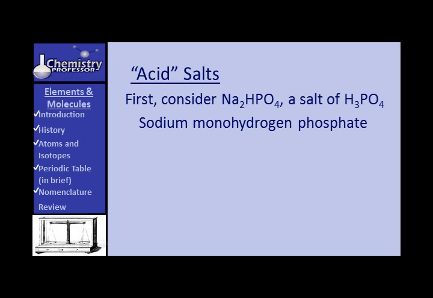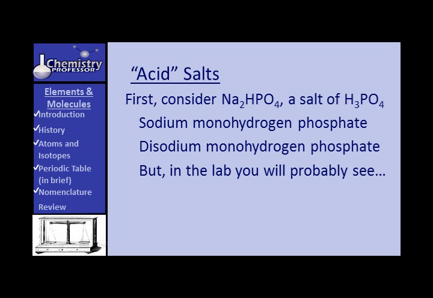And of course, if you're saying that there's only one hydrogen, and then sodium is a +1, do you see there must be two sodiums there to make this compound be electrically neutral? Well, here's another way, and this is almost overkill, but it's disodium monohydrogen phosphate. That eliminates any confusion, doesn't it? It's very, very straightforward. But quite frankly, in the lab, you are probably going to see sodium phosphate dibasic.